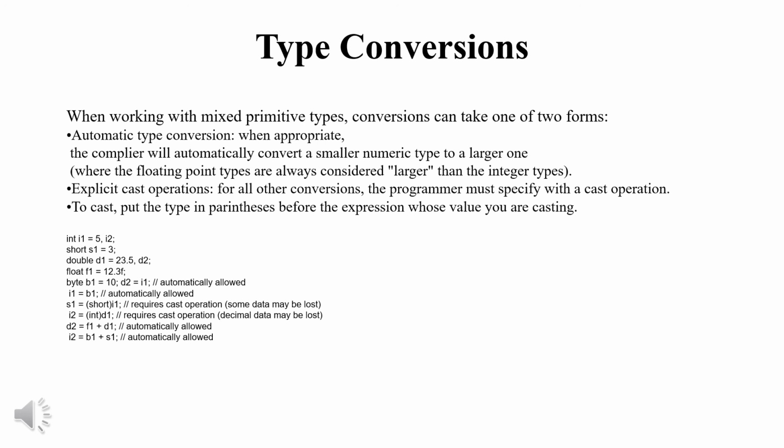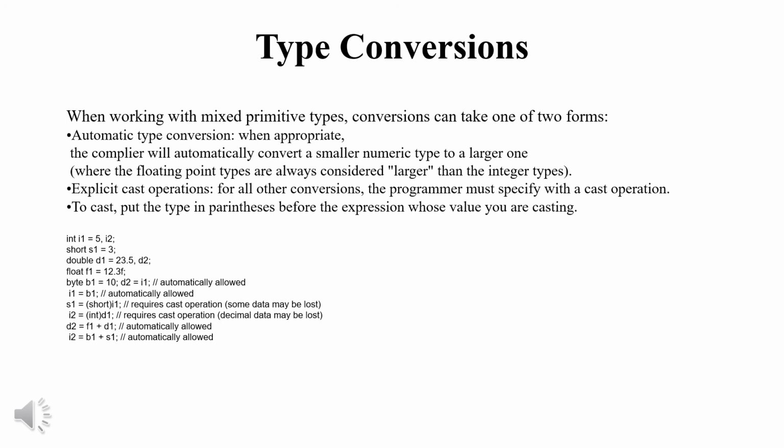The other conversion is explicit cast operation, right? This type of conversion will be handled by the programmer. So you as a programmer will change the type of one variable.